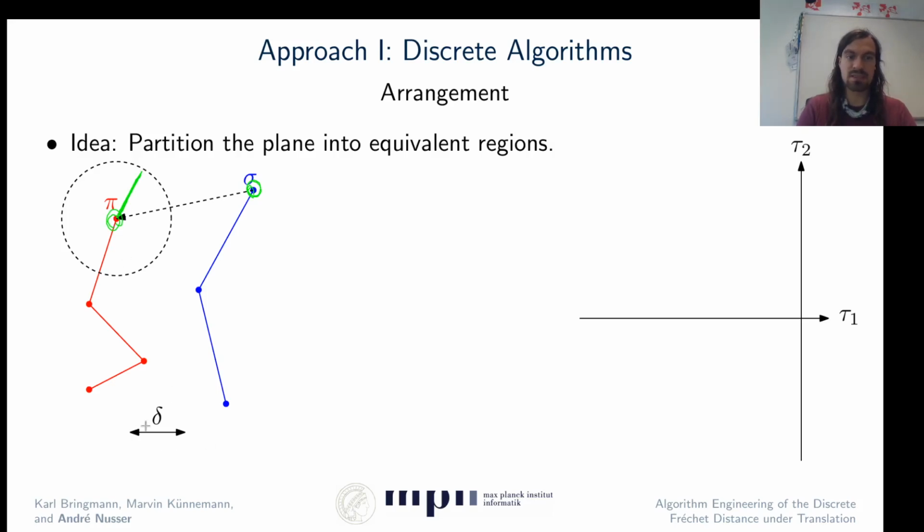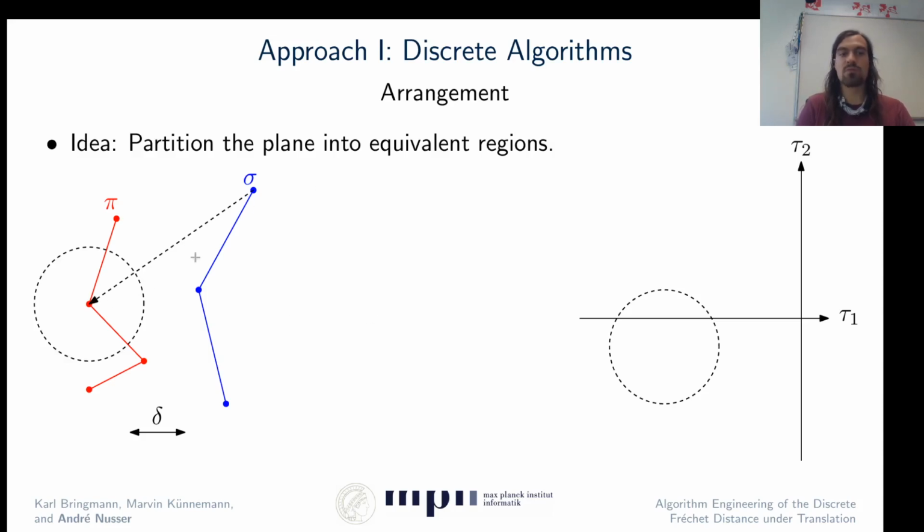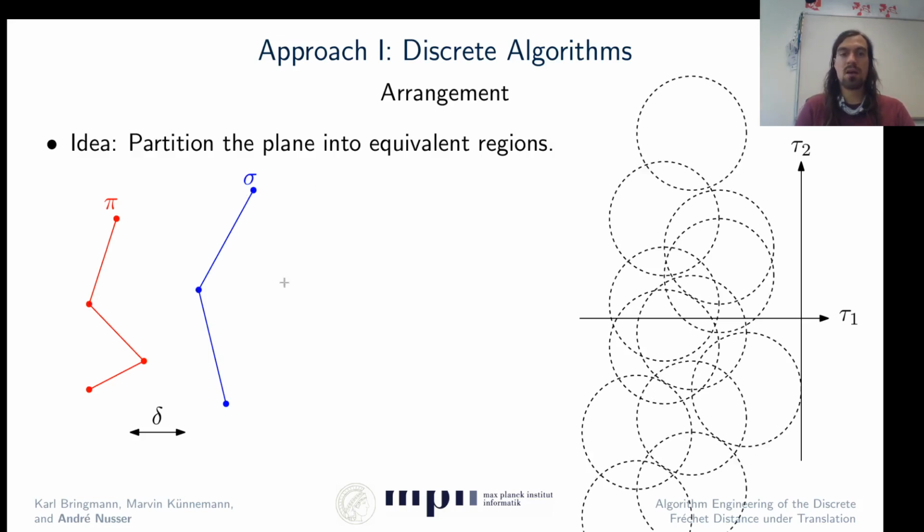So here you can see delta. Okay, so we see here the coordinate system of translations. So we transfer this ball here into this coordinate system. So if we choose a translation somewhere inside here, then those 2 points will get close. And the same we do for the other 2 points here. So again, we transfer it to the coordinate system, and we now do this for all pairs of points of those 2 trajectories. And then we reach the arrangement.